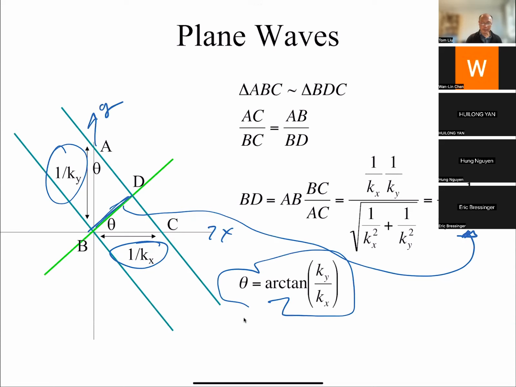One thing that's useful to remember is if I give you a point in the kx, ky plane, let's say some point in my Fourier domain, you can just draw a vector out to that point. The length of that vector by the Pythagorean theorem is the square root of kx squared plus ky squared, so 1 over that is just my wavelength.